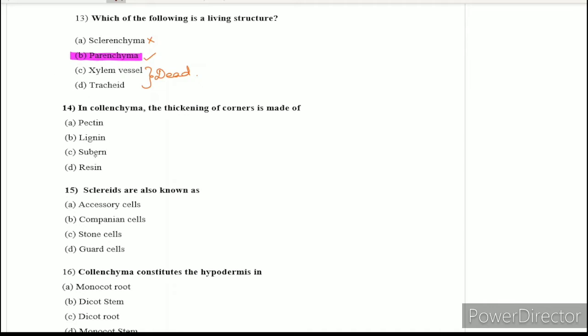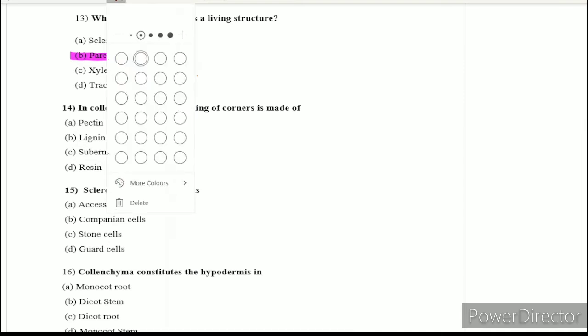Next, in collenchyma, the thickening of corners is made up of pectin. Option A, pectin. Option B, lignin. Option C, suberin. And option D is resin.